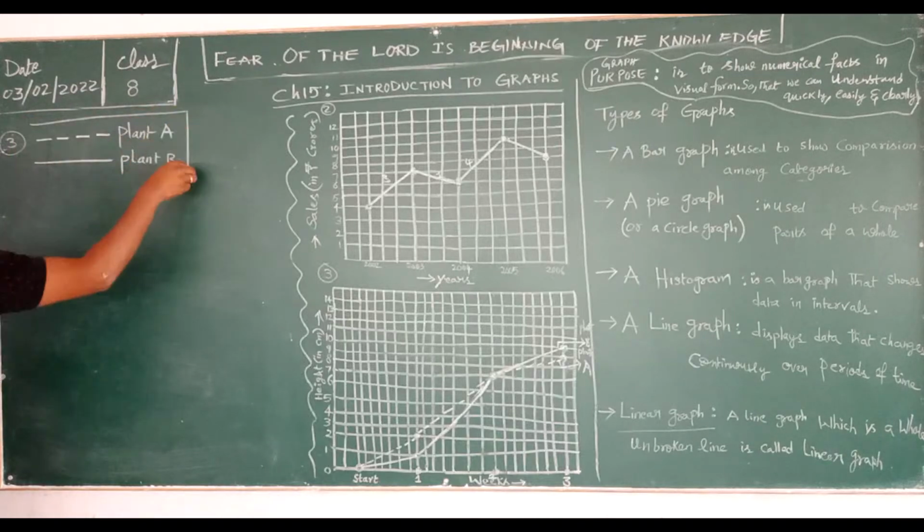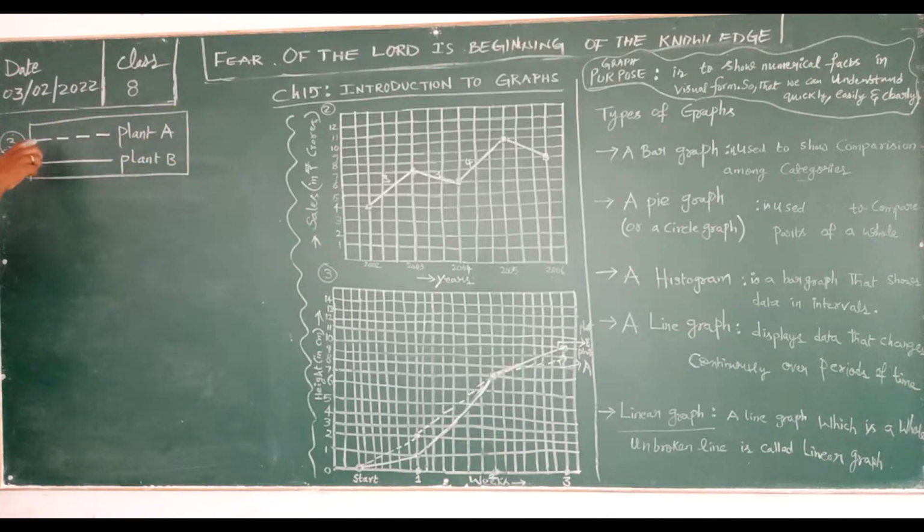For your understanding, I showed here like this: the dotted line is plant A, and the straight line is called plant B.